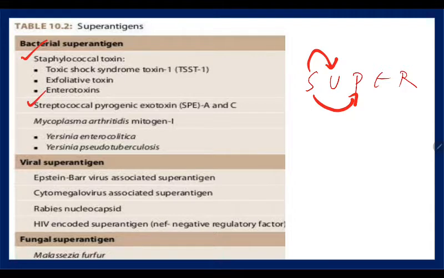Another extra thing to remember is Mycoplasma arthritidis mitogen, MAM. Next is Yersinia. Here the organism is not the one causing plague. Remember this. Yersinia enterocolitica and Yersinia pseudotuberculosis act as superantigens.